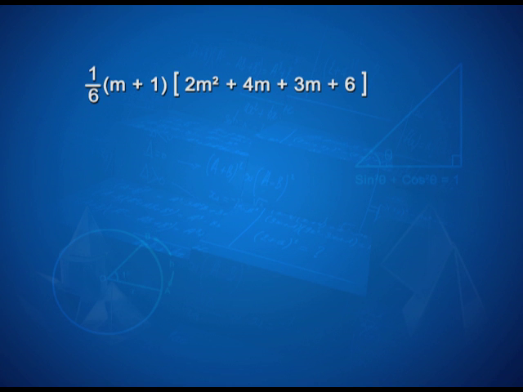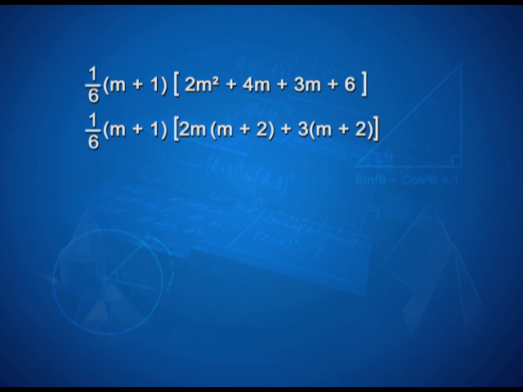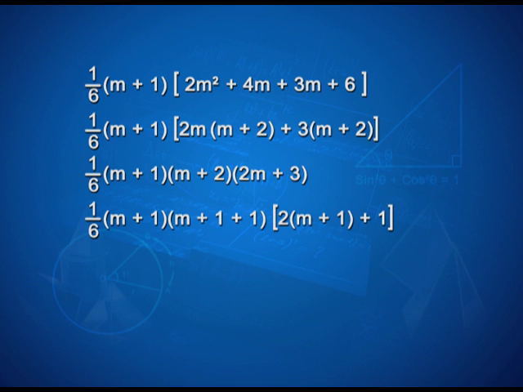1 upon 6 m plus 1 into 2m square plus 4m plus 3m plus 6. That can be written as 1 upon 6 m plus 1, 2m into m plus 2 plus 3 into m plus 2, which can be factorized as 1 upon 6 into m plus 1, m plus 2, 2m plus 3, which again can be shown as 1 upon 6 m plus 1, m plus 1 plus 1, 2 into m plus 1 plus 1.